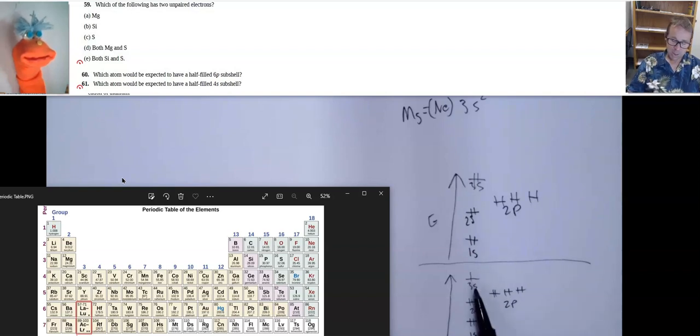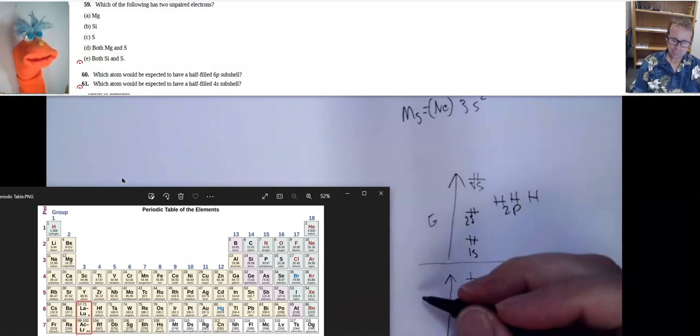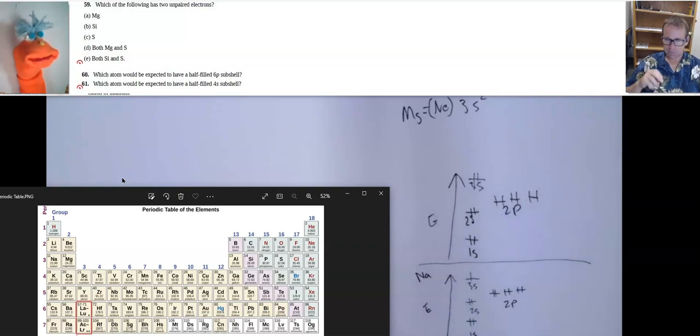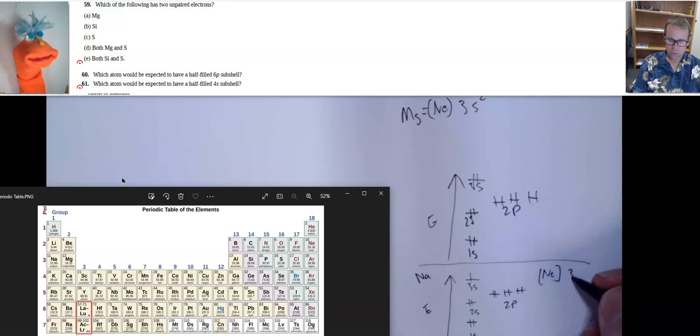And we say that that electron there is unpaired. So when we're talking about unpaired electrons, it's electrons that only have 1 electron in a given orbital. So this is energy. This is the orbital diagram for sodium. Sodium's electron configuration is neon atom with a 3s1.